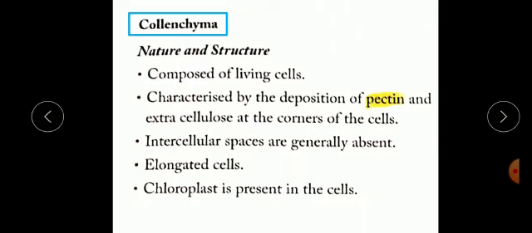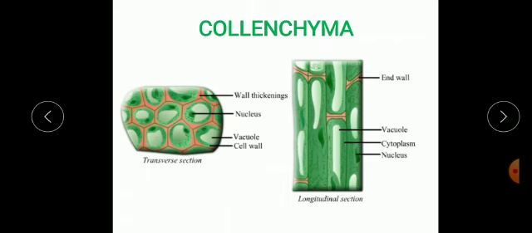Intercellular spaces are generally absent. They are elongated cells. Chloroplast is present in the cells, so they are also able to perform photosynthesis. You can see the structure of collenchyma over here, and these wall thickenings are due to the deposition of extracellulose and pectin.